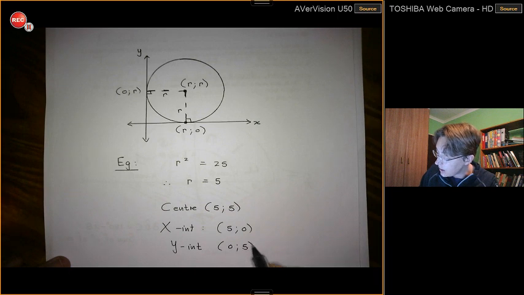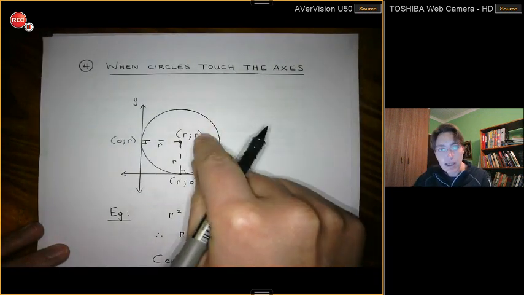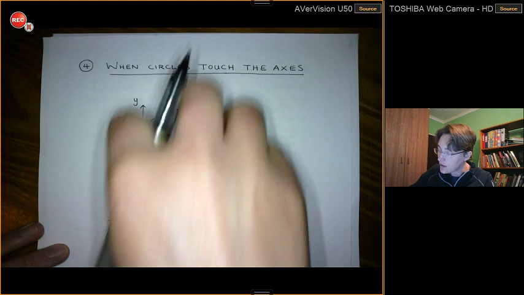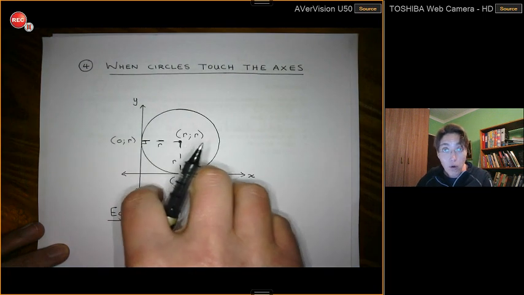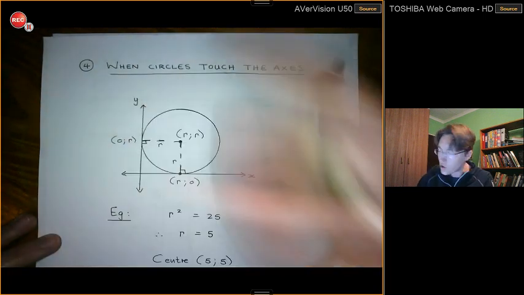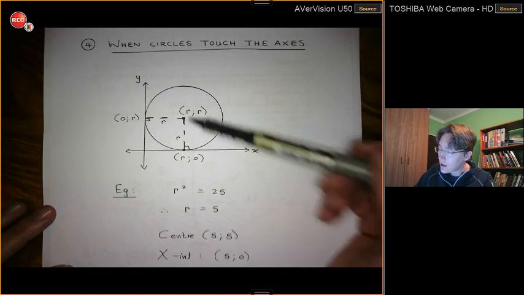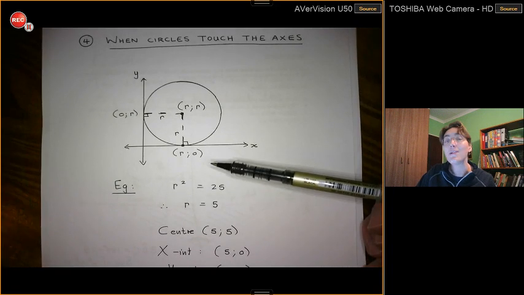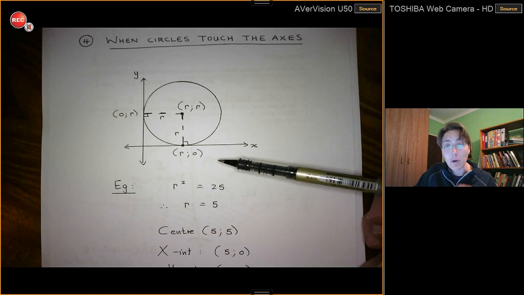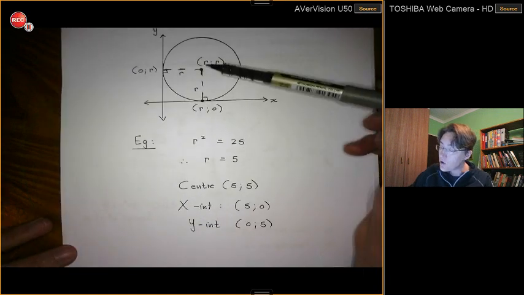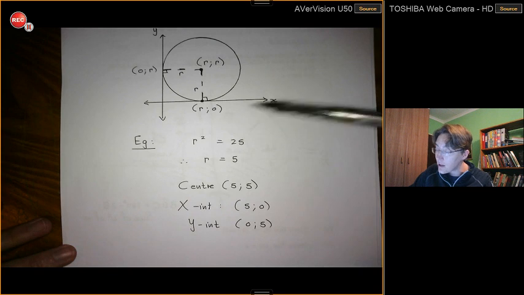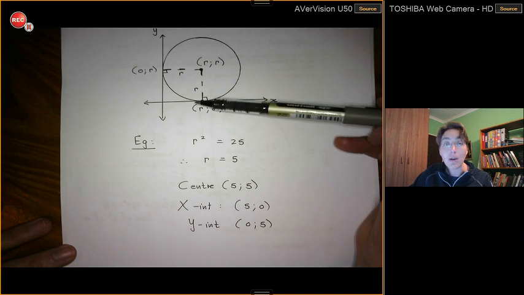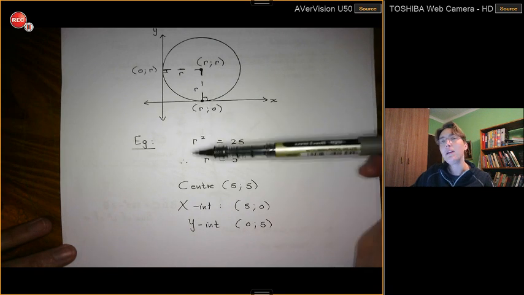And then obviously if the circle doesn't touch in the first quadrant, if for instance it touches over here in my fourth quadrant, you then just have to make sure that you make the coordinates negative. So please remember, radius cannot be negative, but if you had to draw the circle over here in the fourth quadrant, then your x-coordinate will still be positive r, but your y-coordinate will be negative r.